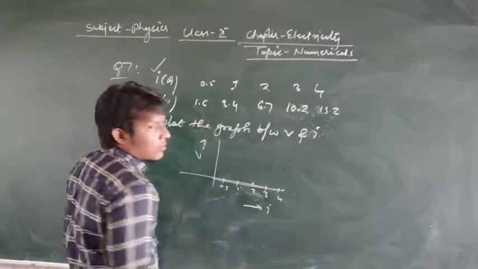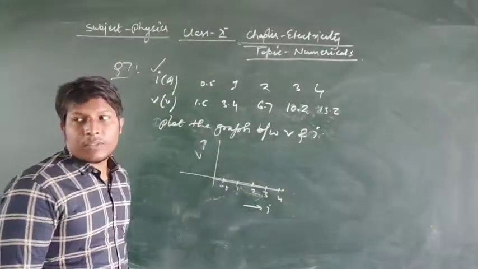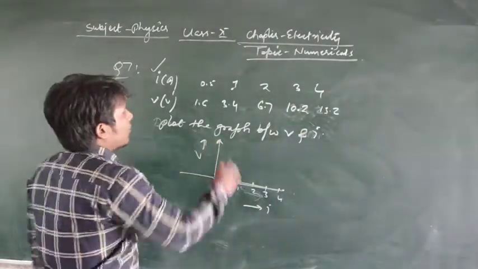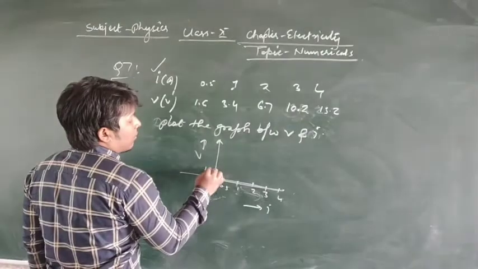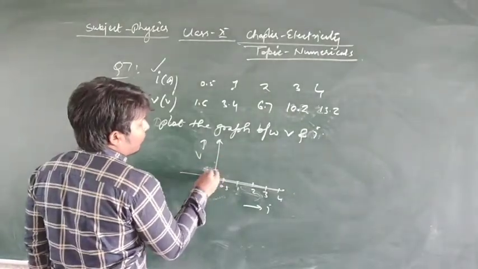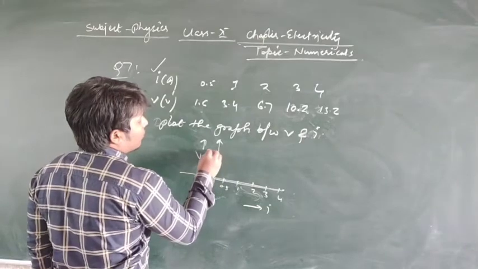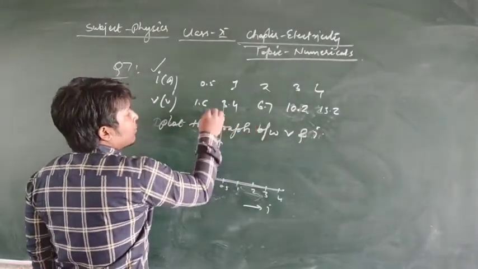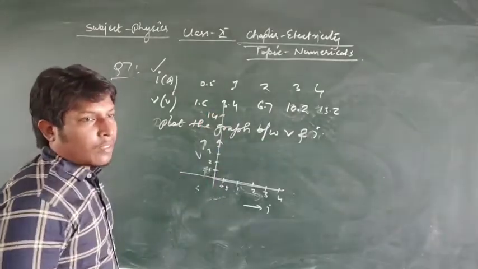The x-axis represents the current and the y-axis represents the value of voltage. So 1.6, and so on, up to 14, as far as you need to go.